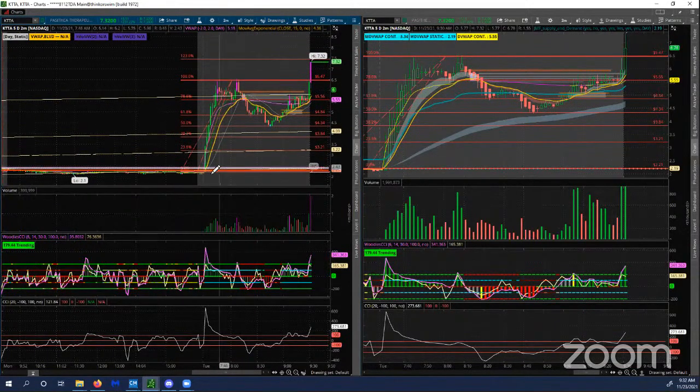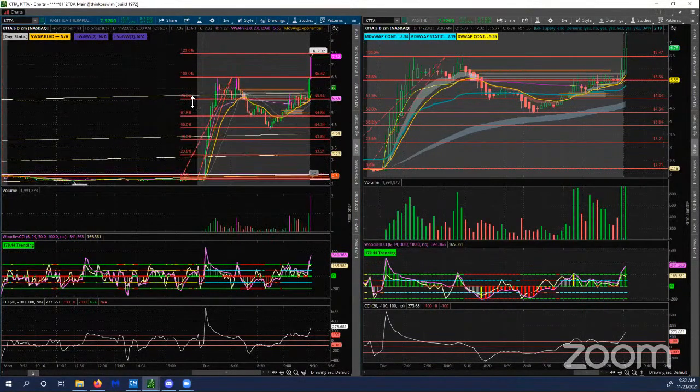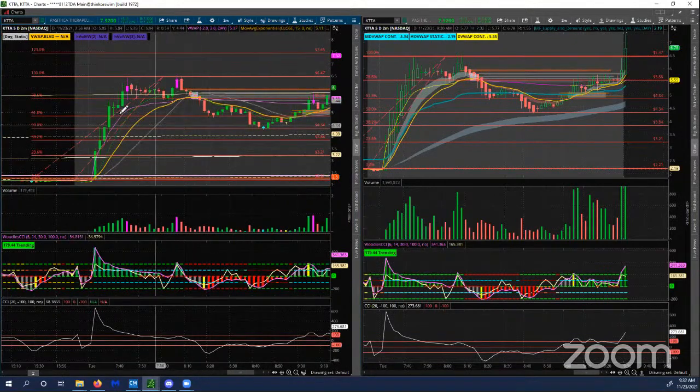So we've got a fib level from the base to the peak to the base, and we popped up, we came back down, we hit the 61 fib, reacted off of that. The 15 EMA held it down, but that gives you a reason why it reacted there. You also have your other candlesticks right here.